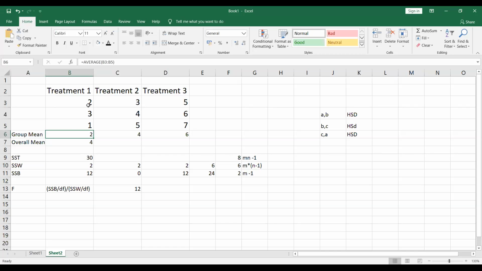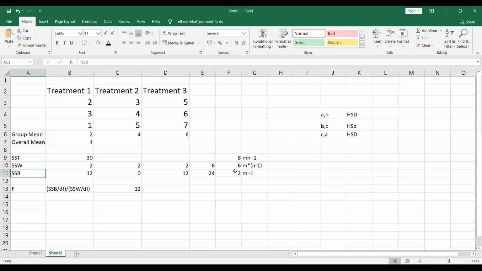So this will be the sum of 2 minus 2 square plus 3 minus 2 square plus 1 minus 2 square. So that's how you will get a 2. Similarly, I can do it for treatment 2 and treatment 3. Is it clear? Yes, it is clear. Okay, and I hope SSB is also clear to everyone.